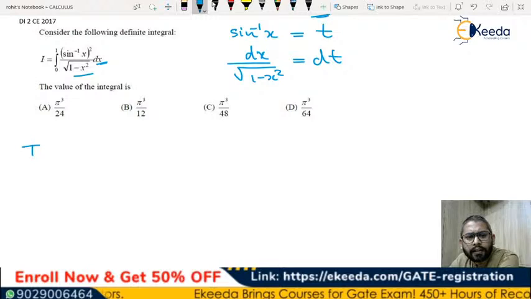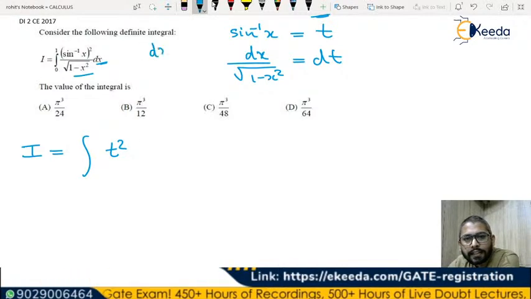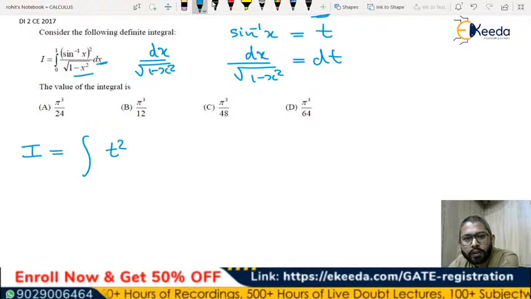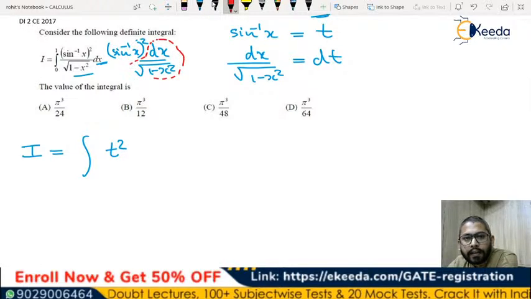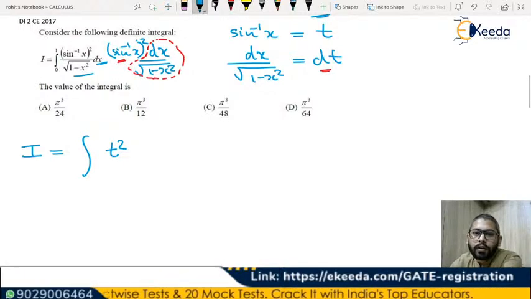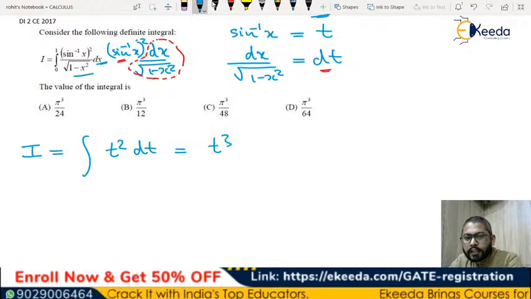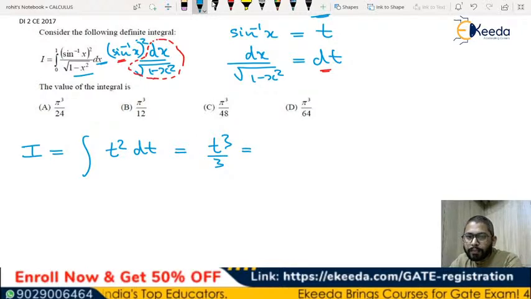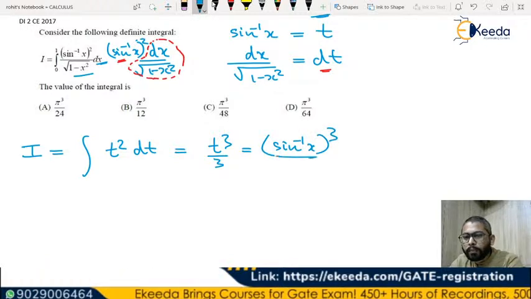So this integration, let's not talk about the limits now. And sine inverse of x, which we have taken as t, so it is going to be t square, and this dx by under root of 1 minus x square is nothing but dt. So the integration becomes t cube by 3, and I'm substituting back my sine inverse, so it is sine inverse of x cube by 3.